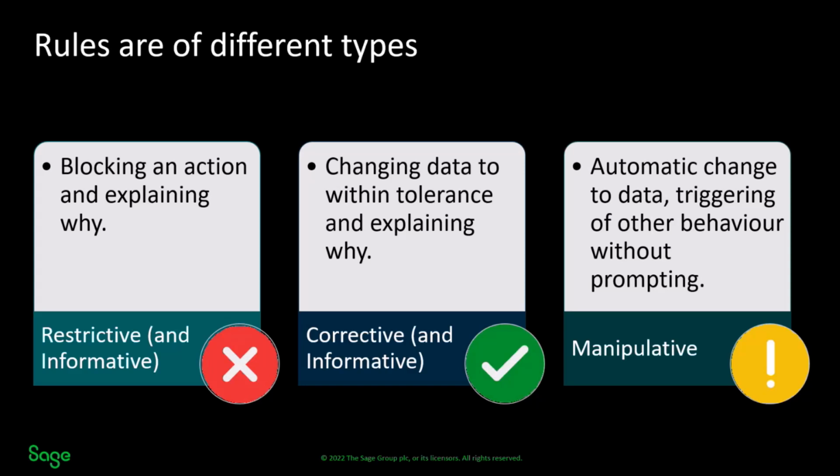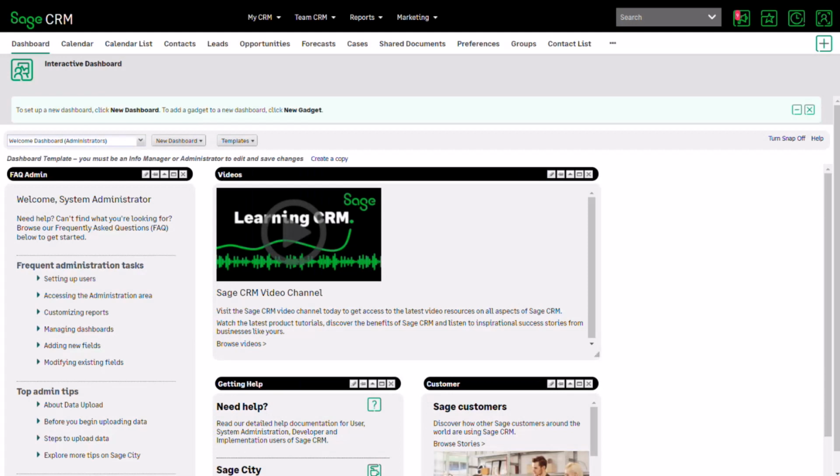An example of that might be if you change the account manager for a company inside the interface, it will automatically cascade the change to the account manager for the underlying cases and opportunities so that they also change straight away. So you have there four different types of broad business rules that you can define inside the Sage CRM interface. I'm going to start looking at this and seeing examples of these in action.